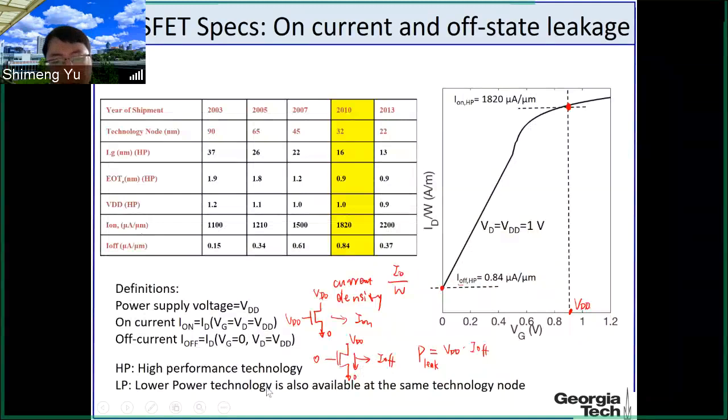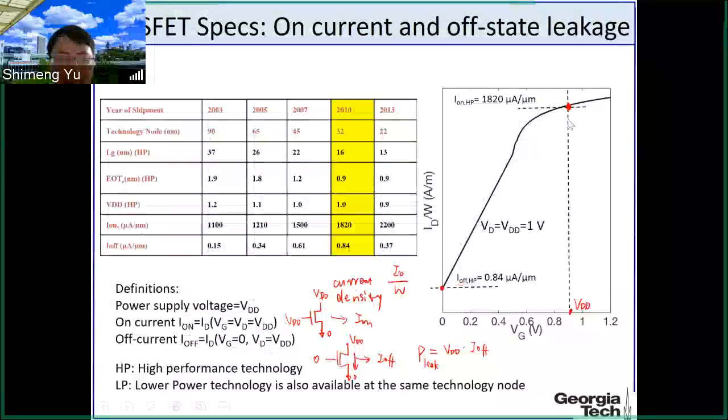So to minimize this leakage power, the foundries will offer different transistor technologies. And they are going to re-optimize things like the doping, the gate capacitance and the geometry parameters, to try to minimize the I off current, because this is not what you want. And then they can offer this so-called low-power technology platform. But often the case is that when you reduce I off, the I on will also reduce.